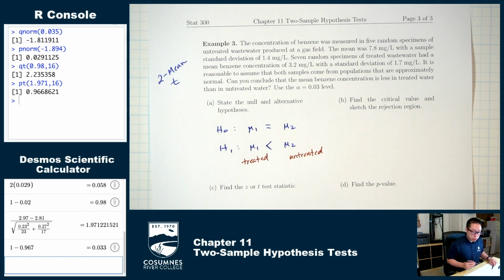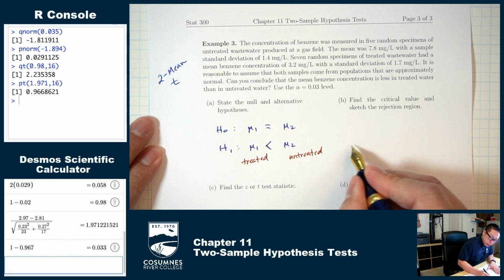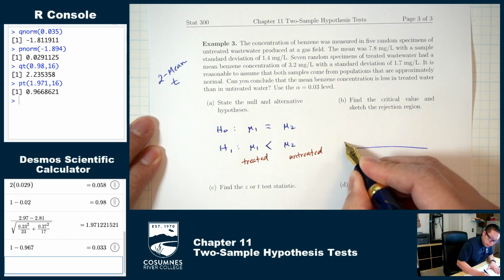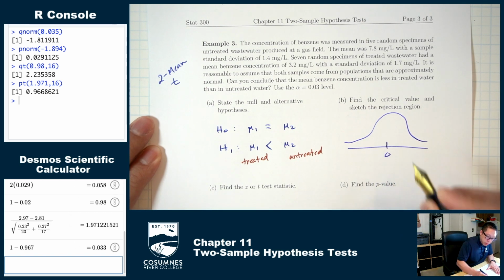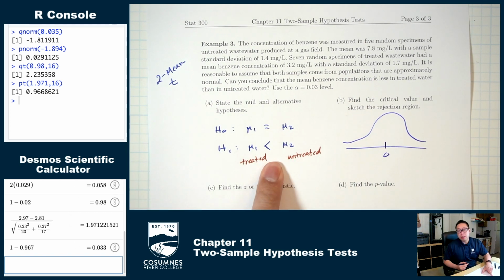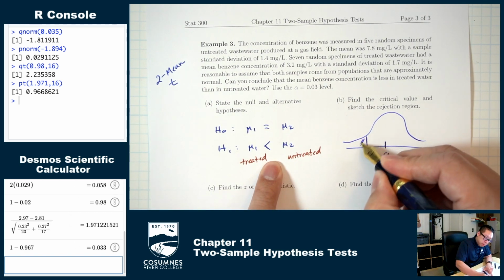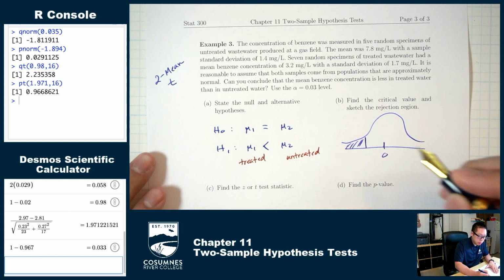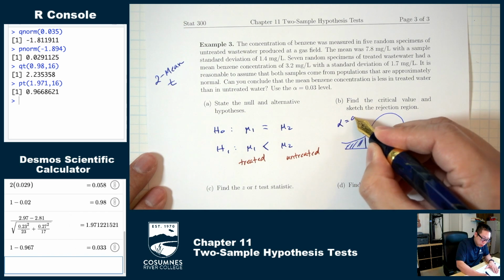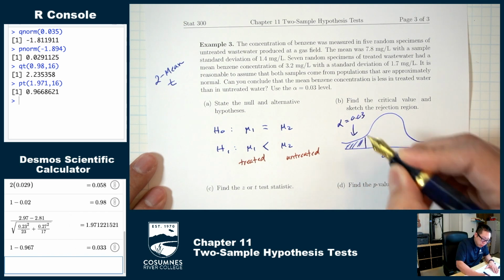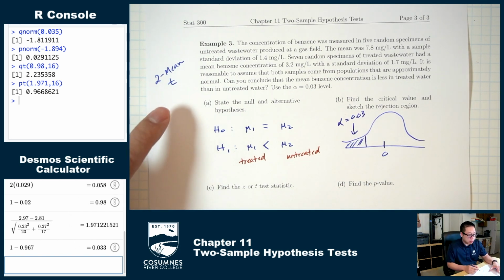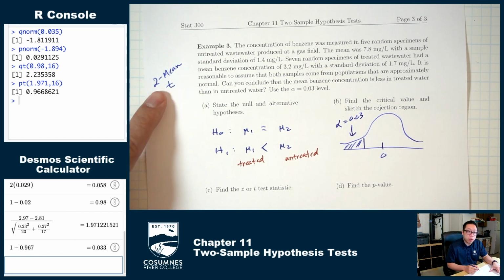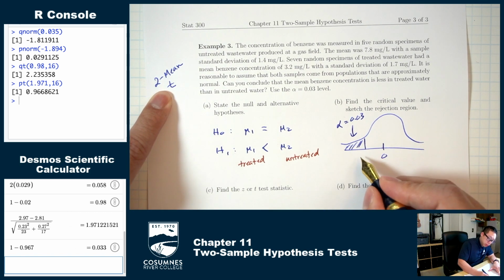Part B, find a critical value and sketch the rejection region. I'll draw my picture. For less than, this is going to be shaded to the left. And the shaded area is the alpha, which is 0.03. Then we're either finding the Z star or the T star. We're talking about means here, so this is going to be a T star.